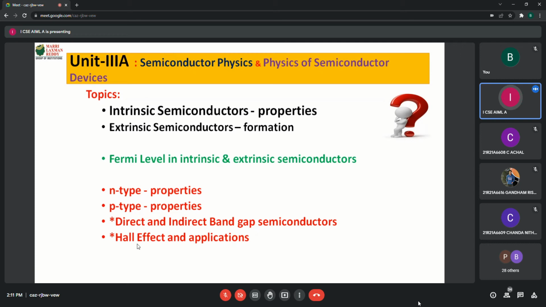Sometimes they give this question as a short answer, then you have to manage the time and write the answer accordingly. But overall, these topics will come under the long answer questions: properties and formation of N-type, properties and formation of P-type, direct and indirect band gap semiconductor properties, and the Hall effect.